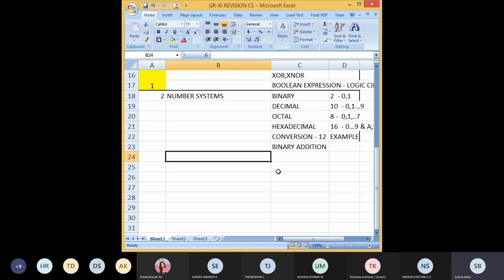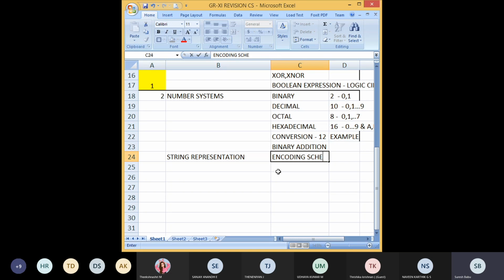Then string representation, what we learned means encoding schemes: how to encode by using ASCII, ISCII and Unicode.